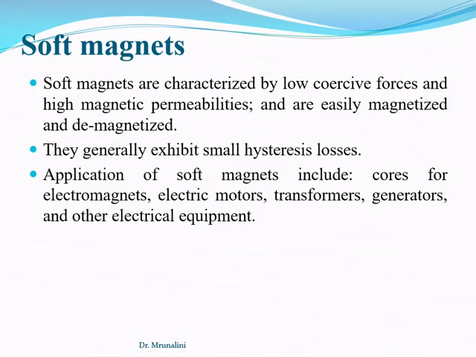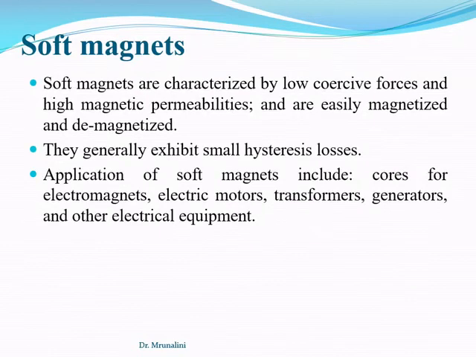Soft magnetic material should not possess any voids and its structure should be homogeneous so that the materials are not affected by impurities. They have low hysteresis loss due to small hysteresis area.